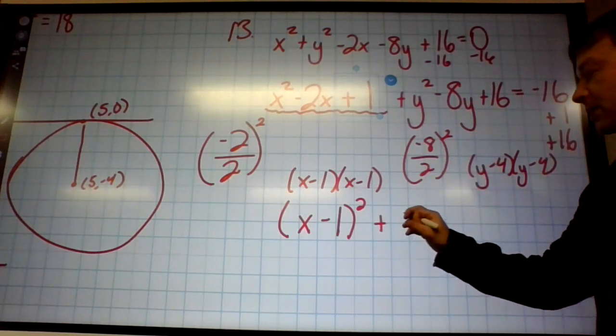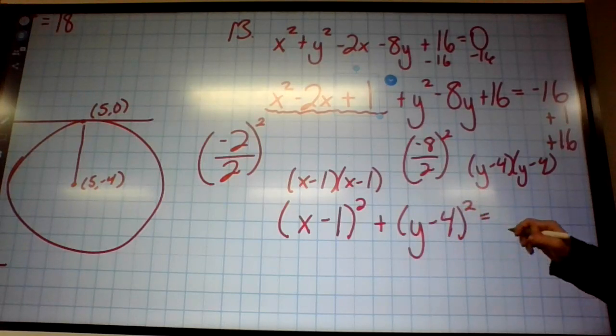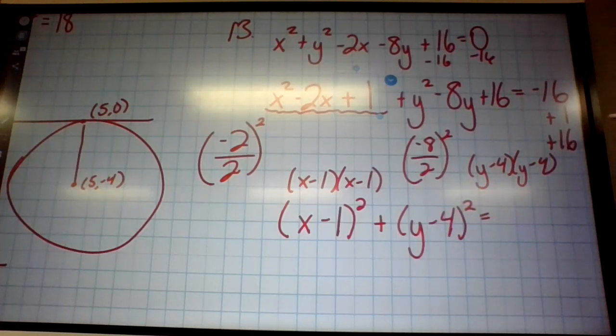So it factors perfectly to (y - 4) squared. And over here on the right side, we have negative 16 plus 16 plus 1, which is 1. Now we've got something we can use.